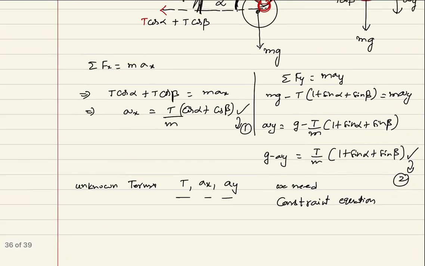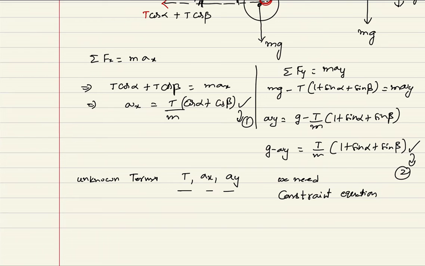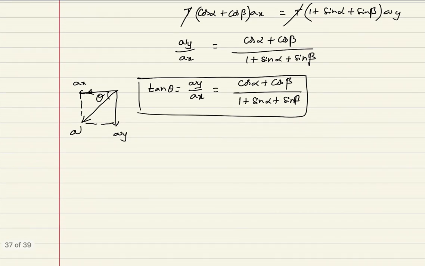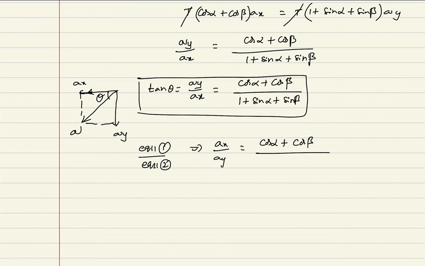Now you observe this carefully. In the question we got equation number 1 as well as equation number 2. Now we are writing equation 1 divided by equation 2. Suppose if I write equation 1 divided by equation 2, I can get this as ax divided by ay is equal to cos alpha plus cos beta whole divided by the, actually this value is g minus ay.